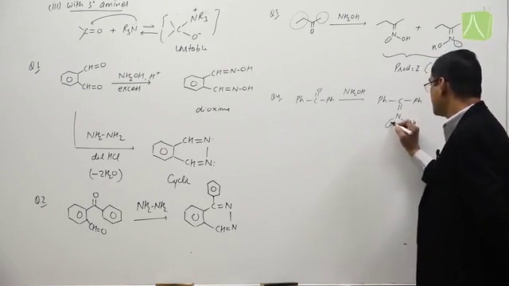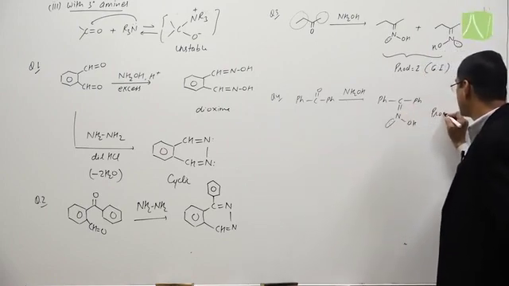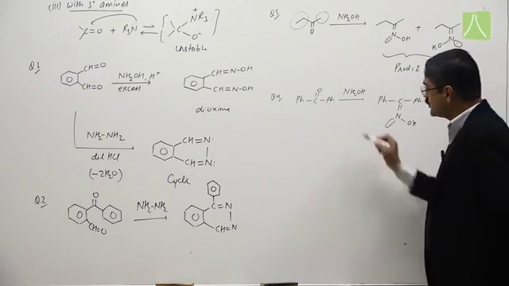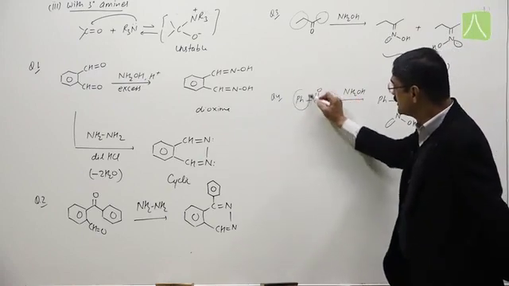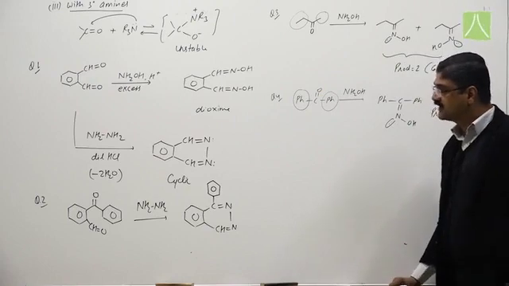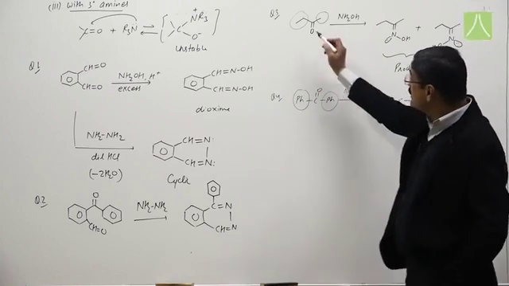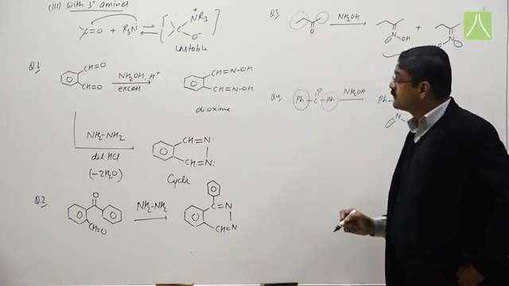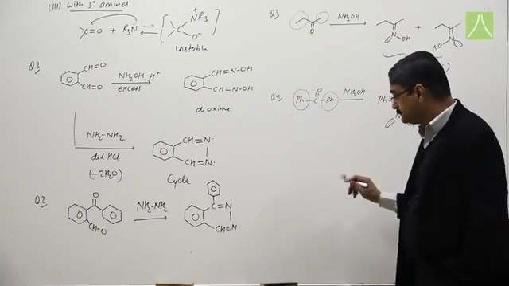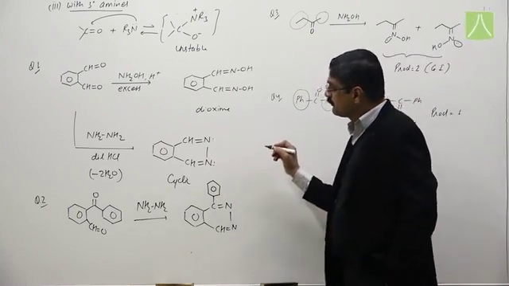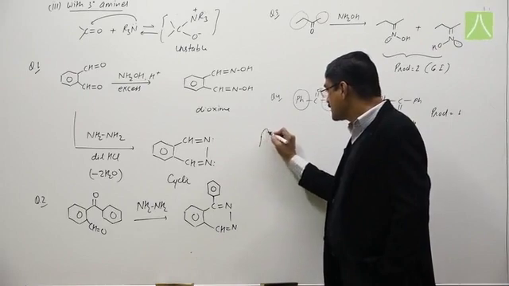There is no geometrical isomer in this molecule. So total product is 1. So you can check the total number of oximes by checking both R groups on the carbonyl carbon.